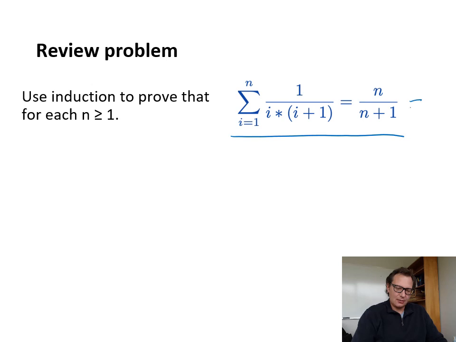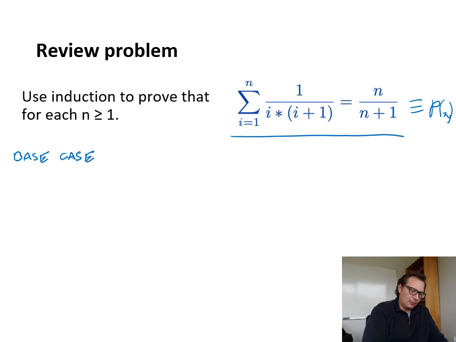So this is our P(n). Okay, so let's first do the base case. Don't forget about the base case. So that's when n is equal to 1.